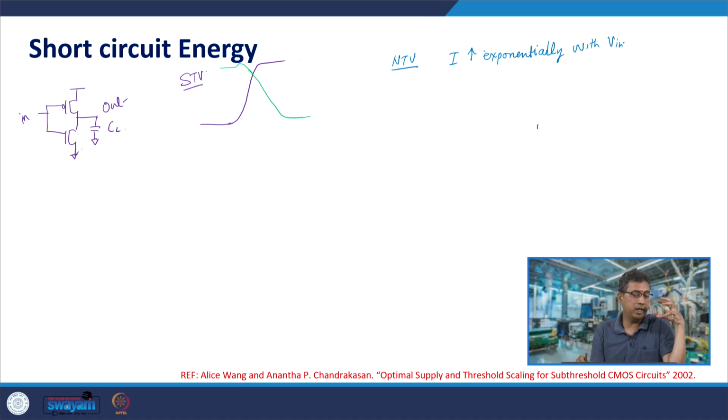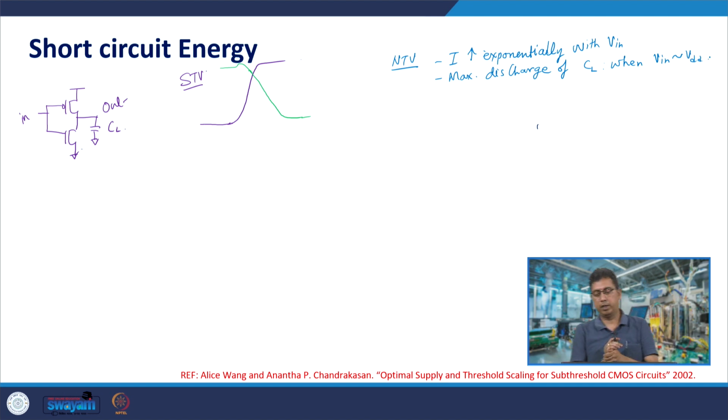So, you would find that maximum discharge of the output would take place when Vin is close to VDD. That is where you have maximum current. The difference in current for a little change in input voltage would be quite significant, because it is an exponential increase in the current with Vin.